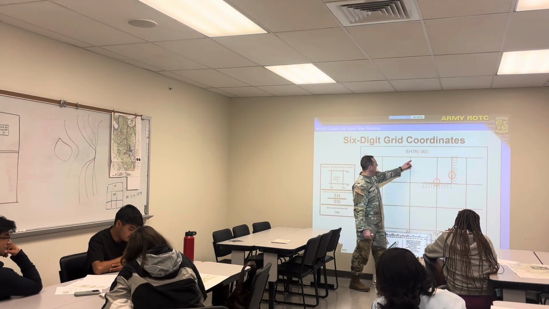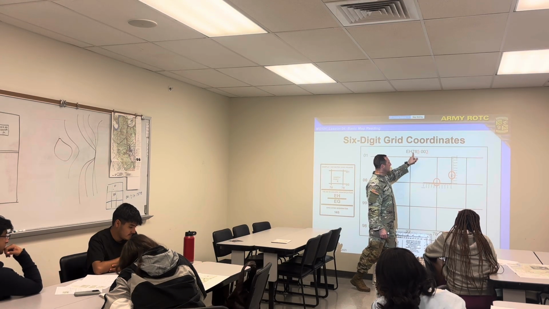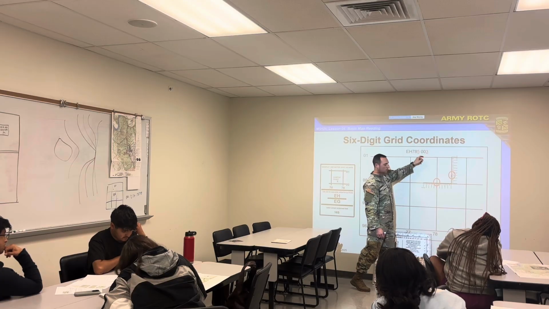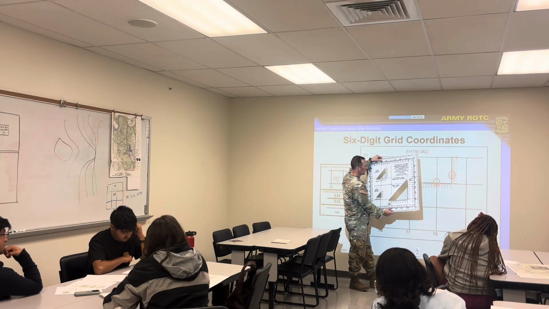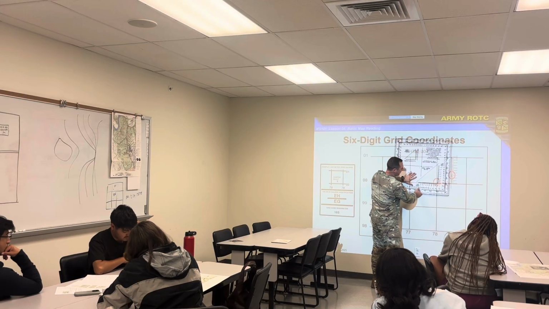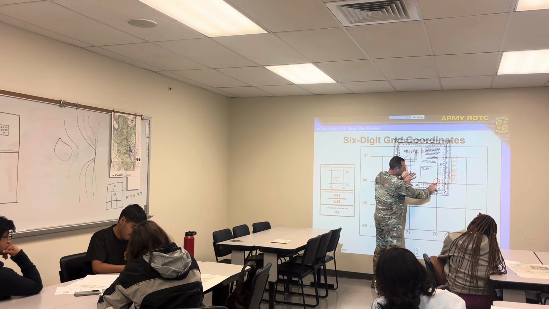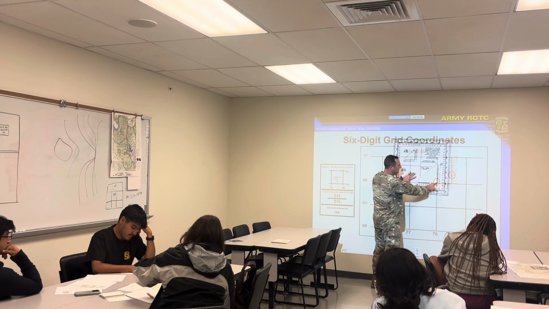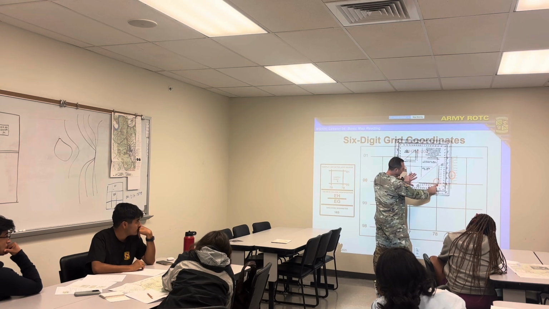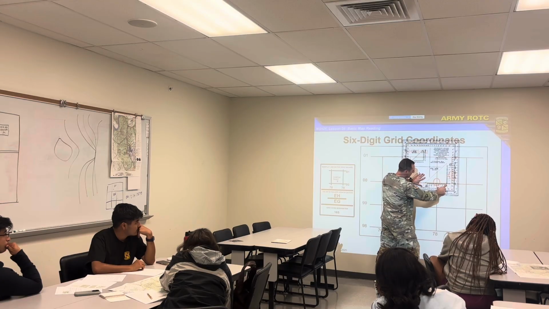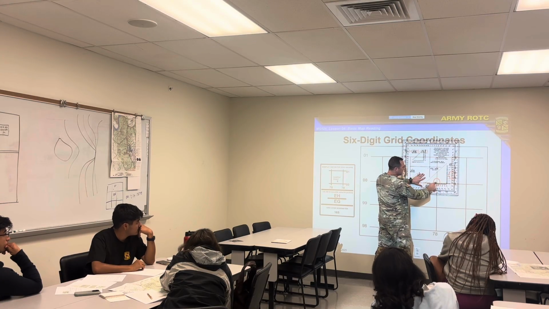So to find 785003, and bear with me because the size of the projector and this are not exactly the same. We put the edge of our protractor on the edge of that grid box that we found, and we're going to measure over by sliding this till the 5 lines up with the corner here.